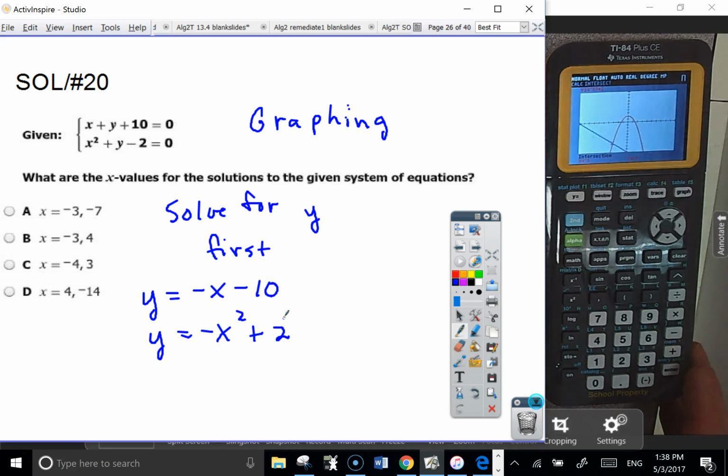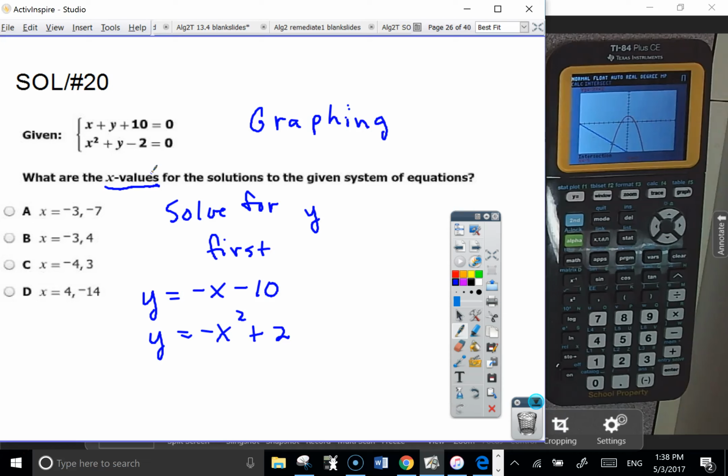And it says -3, -7. So those are the coordinates of that point. Now remember, they didn't ask for that. They asked for the x values of both points. But they've got as option A, -3, -7. So you might look at that right away and think, there I go. That's it, -3, -7, and you'd be wrong. Right? So be careful of the way they worded the problem.